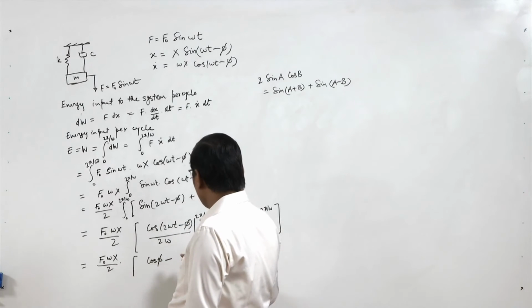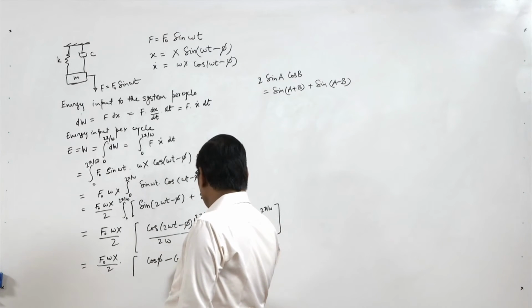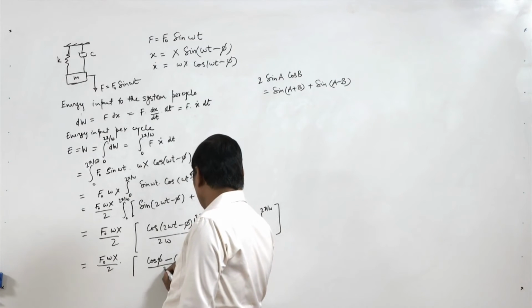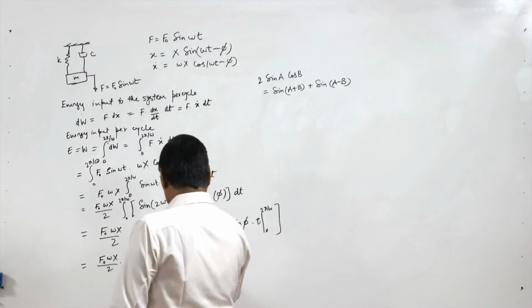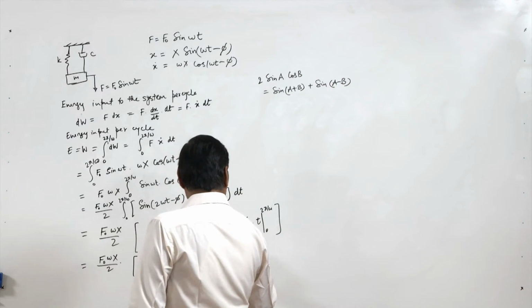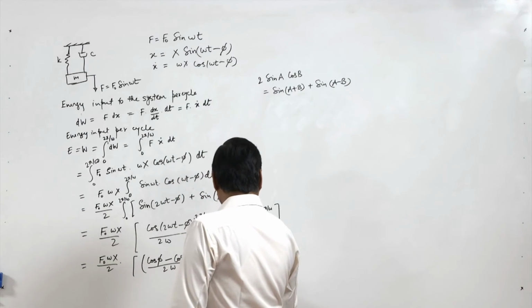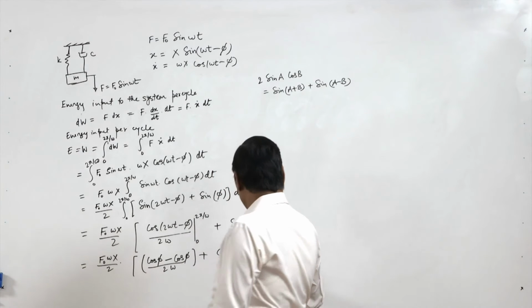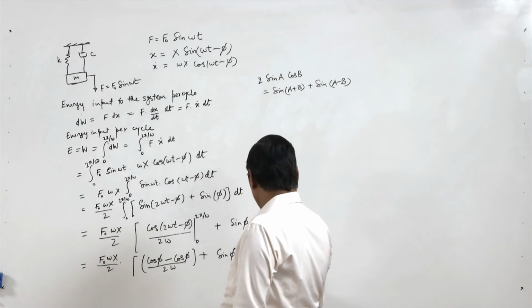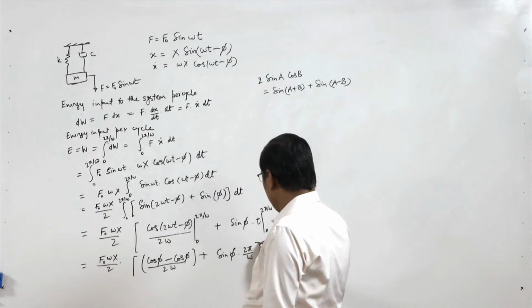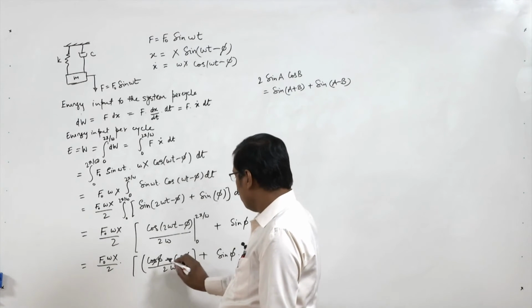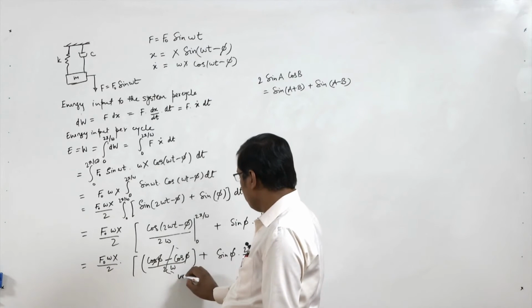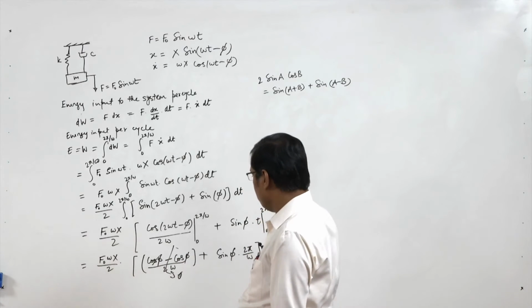So cos of minus phi is again cos phi, upon 2 omega, plus here sin phi into 2 pi, t is 2 pi by omega, minus 0. Now this term will be 0, this is 0.